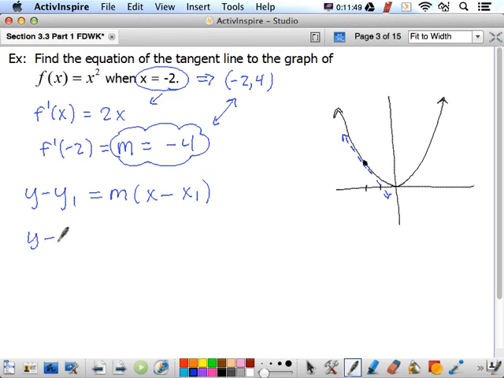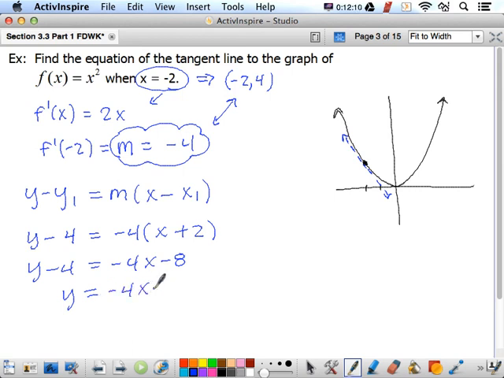So we have y minus, we found the y value to be 4 at that ordered pair, equals -4, parentheses, x minus -2. So we have y minus 4 equals -4x minus 8. So y equals -4x minus what? 4. Right? Yes? Okay. That's the answer to the problem.